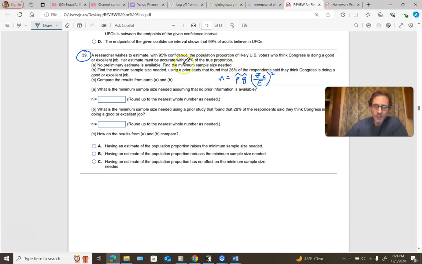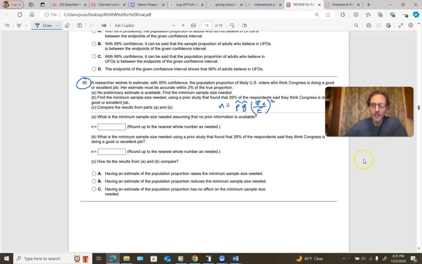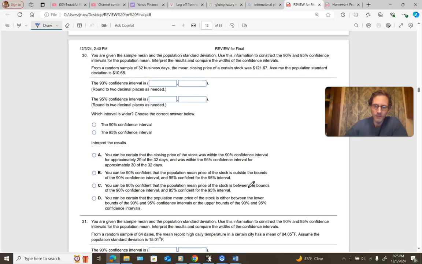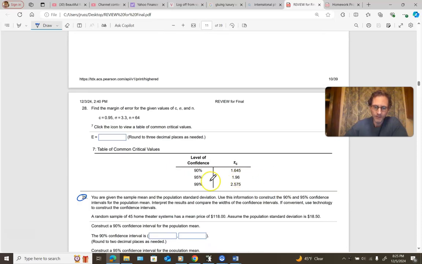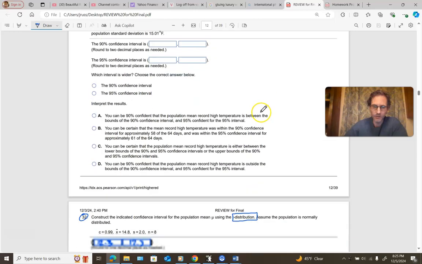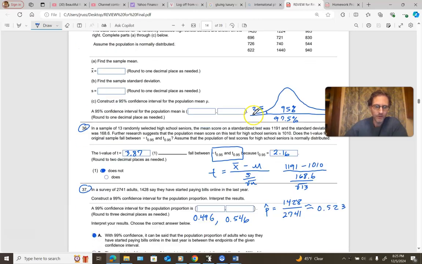And then z sub c, you have to remember those critical z values. So for a 95% confidence interval, here's the table up here, and you can see it's right here. The critical z-score is 1.96 for a 95% confidence interval.